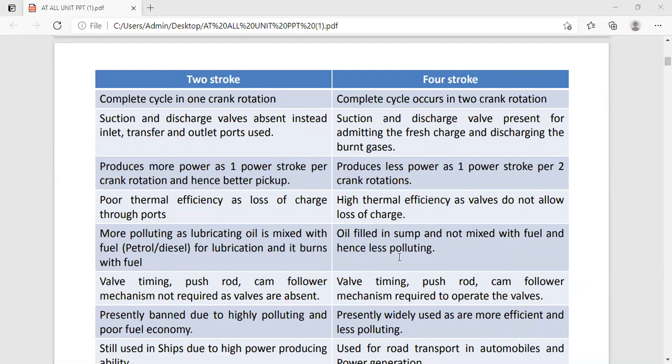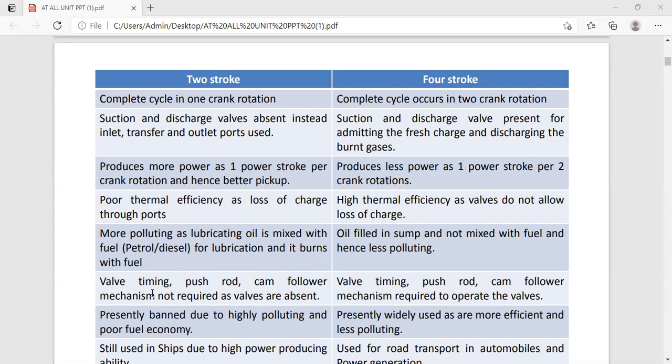But in case of the four stroke, we are using an oil filled sump, which does not mix with the fuel, because in case of the four stroke, there is a sump used and the splashing system, where we splash that oil on the engine, and the piston and cylinder arrangement, so it will take out the heat, so it is not mixing the oil with the charge introduced inside the combustion chamber.